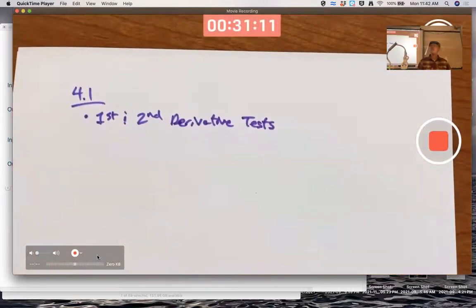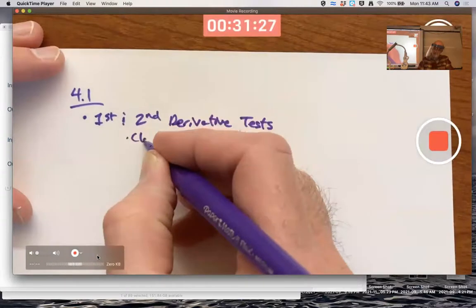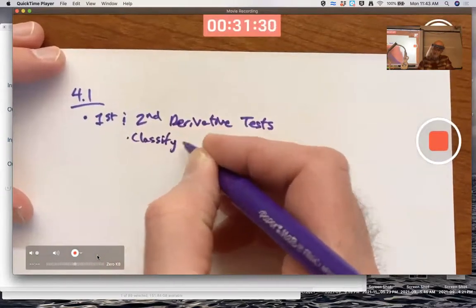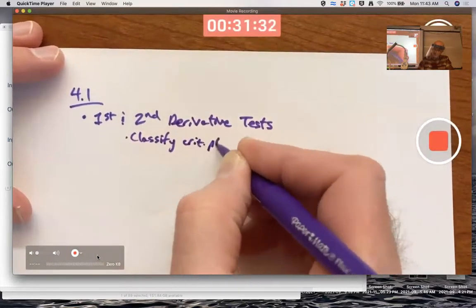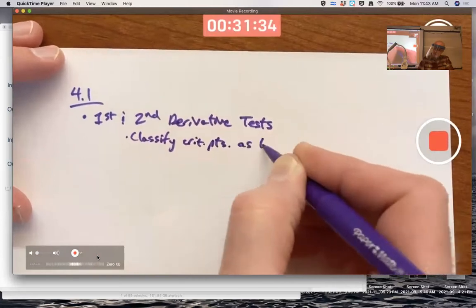I'm not going to write everything down here, so you gotta listen, and I'll make some motions here. What was the first derivative? Both of these tests, what are they about? They're to classify critical points.